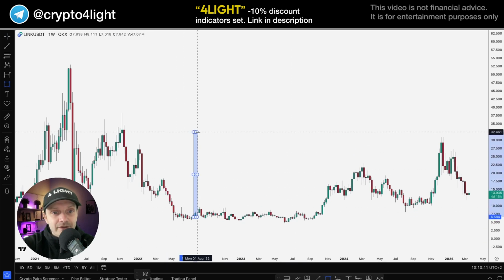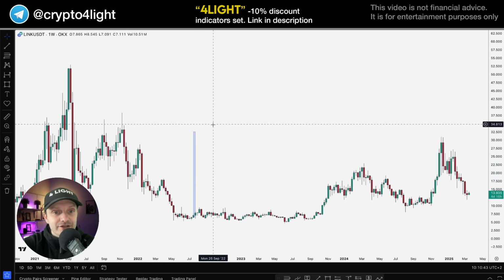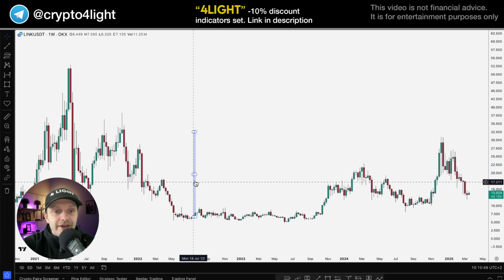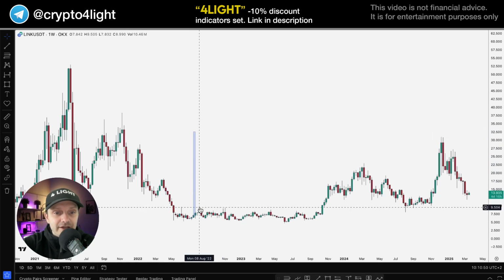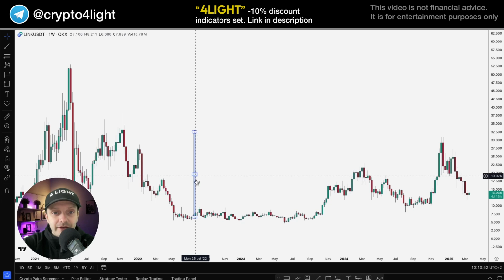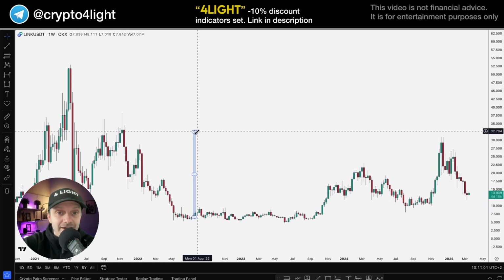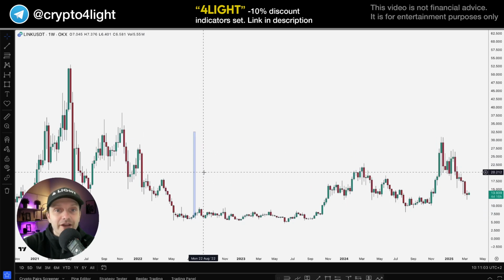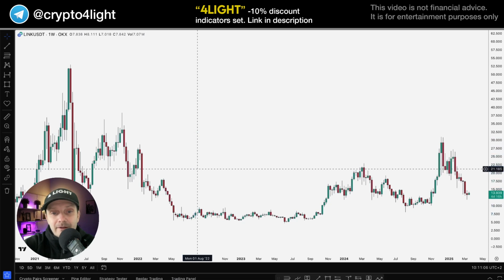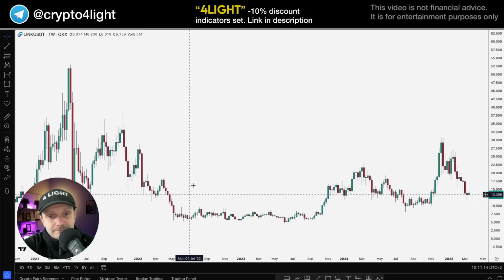Of course, they will not accumulate as much as possible of LINK, because the entry will not be at the average. If they press buy, the order will not be filled at $7, for example, for LINK. There's going to be this huge spike, and the average entry could be like 20. That's why they buy and sell on a weekly and daily time frame, to accumulate as many coins as possible. So that's the point of the range.